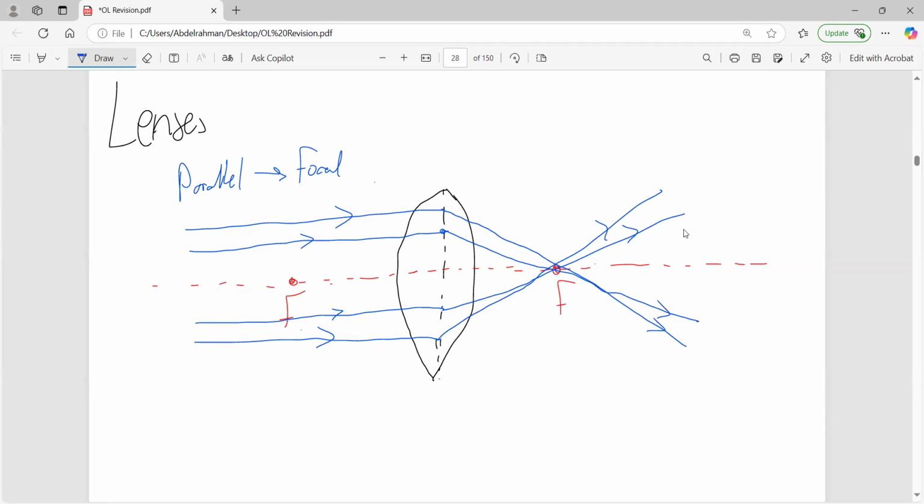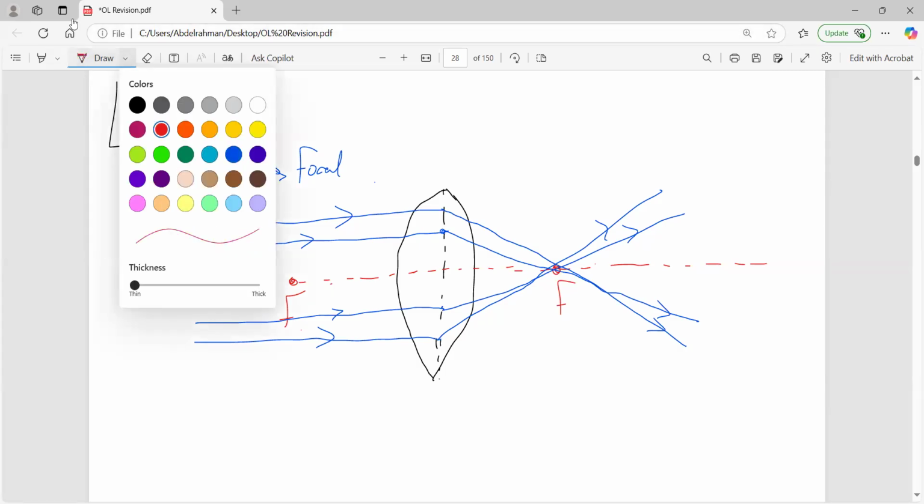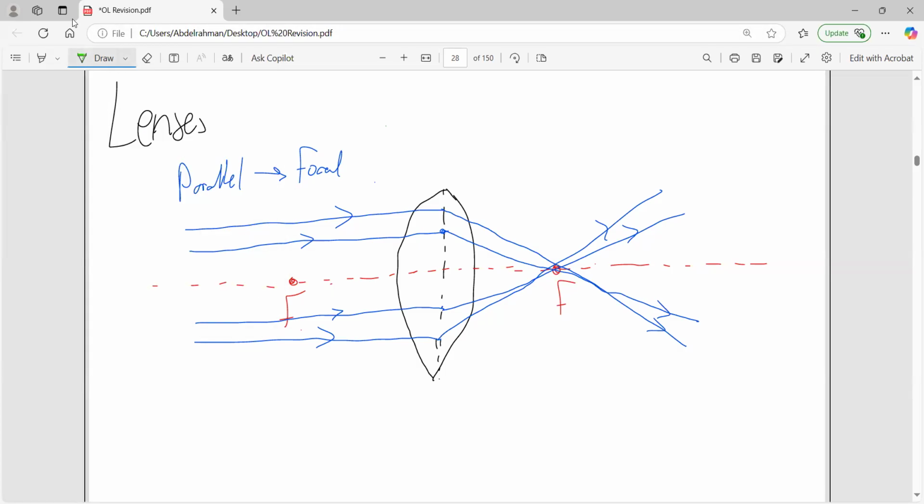Can the process be inverted? What do I mean by inverting the process? If the light was initially moving through the principal focus, let me use a different color, the green one, what will happen? It will bend and move in a parallel manner.